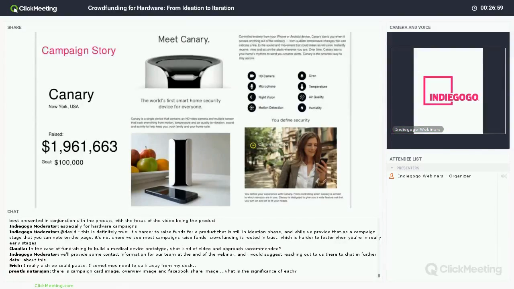Then the next thing I see is a use case, showing a person on their phone interacting with this security system while they're not at home. So it shows me something that I can relate to. This was just the very top of their page, and this is a general structure we recommend following.